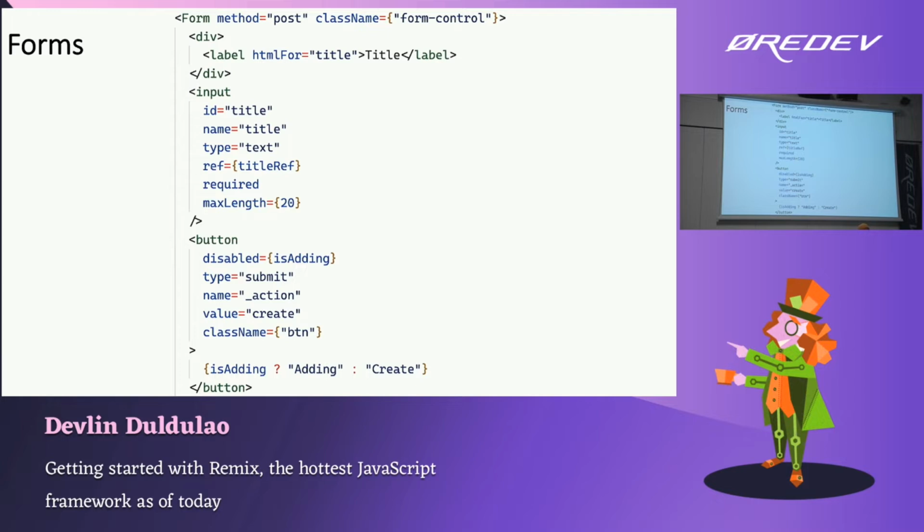Forms. As Remix focuses on web standards, it uses native methods, post, put, delete, patch, to handle forms instead of using JavaScript, which we're used to when using Create React App or other JavaScript frameworks. You'll have to use this form with a capital letter F, where you can also use the small letter form.